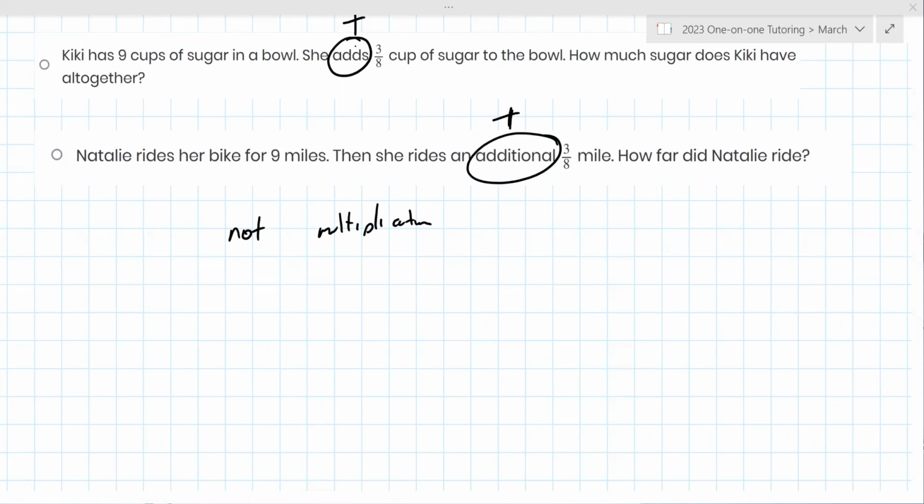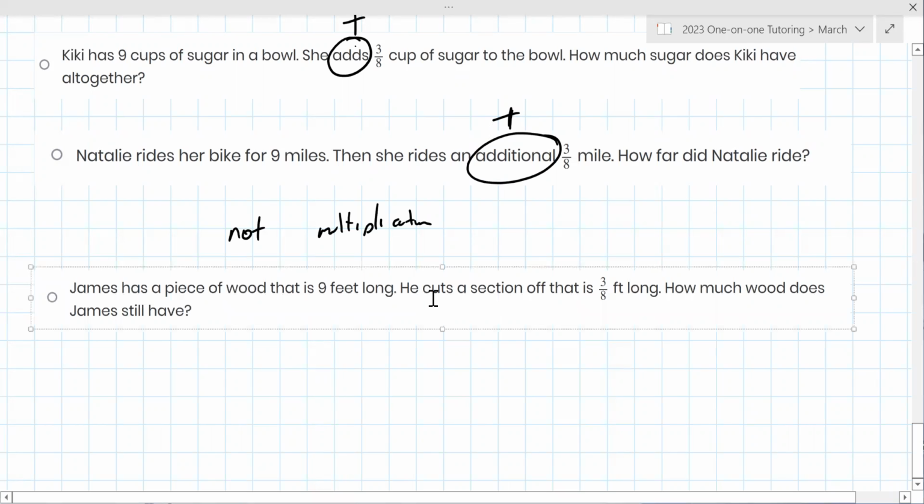All right, so here's one. This one is also wrong, but I want you to tell me why, and I want you to tell me which math operation it actually is. Is it still have or is it section off, or piece of wood that is like cut section off?